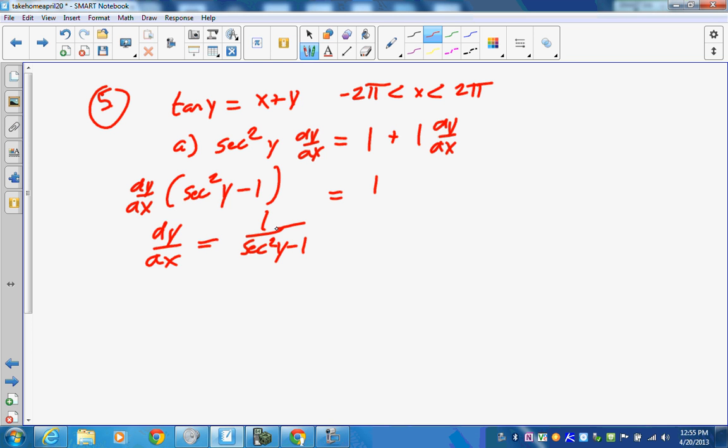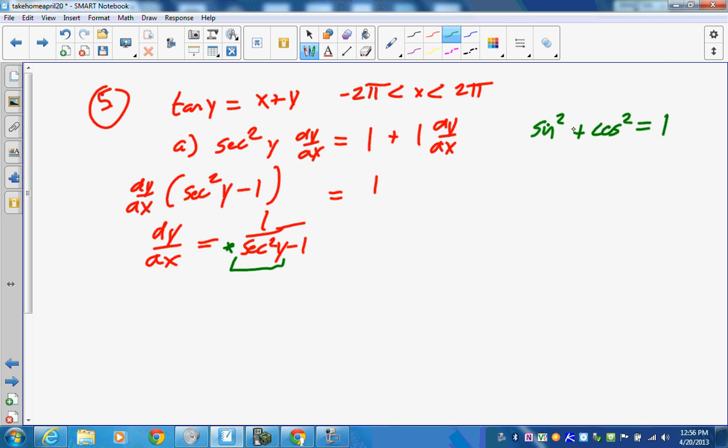And when you see this one right here, this might help you out a little bit if you remember your Pythagorean identities. Sine squared plus cosine squared equals 1. But this is in terms of secant squared, and secant is 1 over cosine.